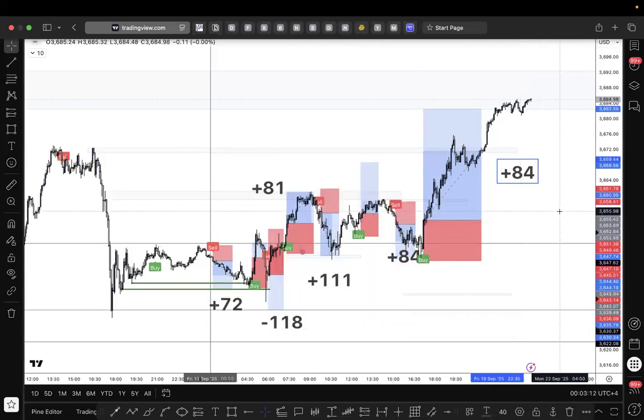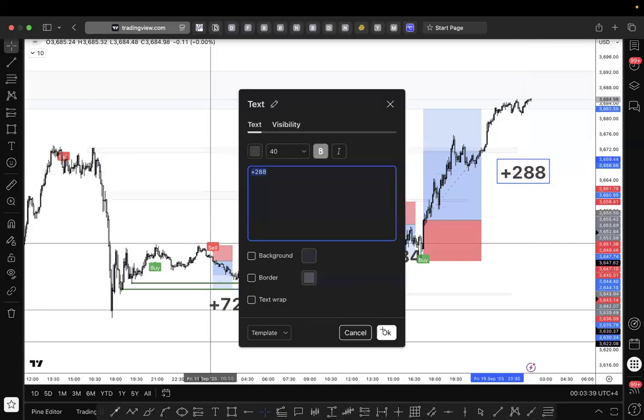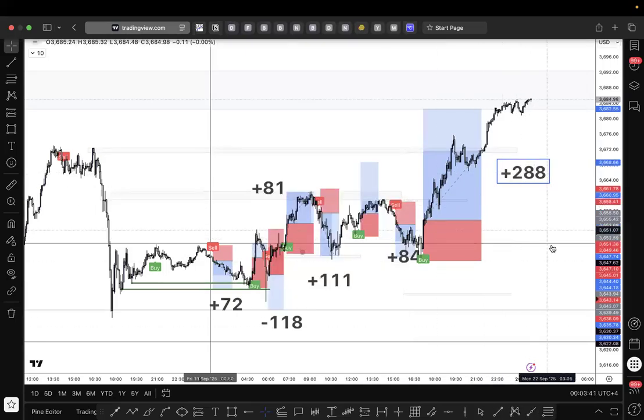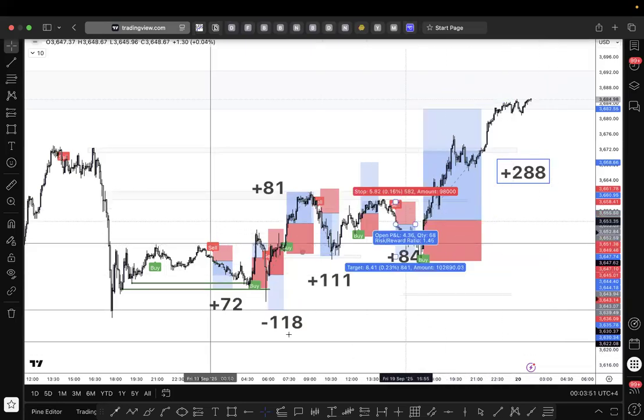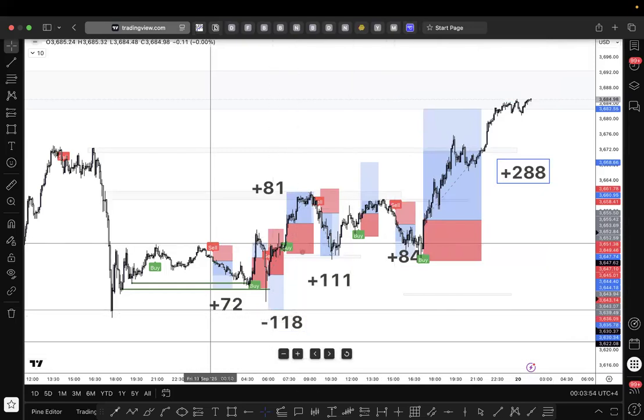Okay, so let's calculate all, and on average on Friday only, how much profit in pips did we make? So on average, we made 518 if you minus the loss that we took, which is 118 pips.